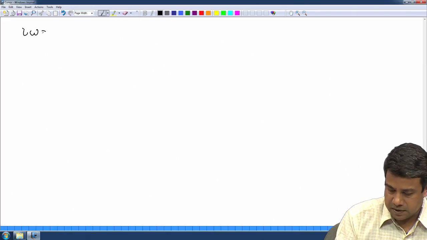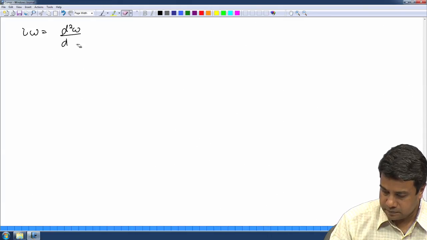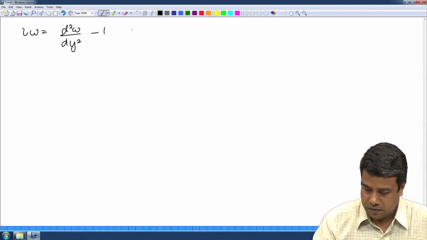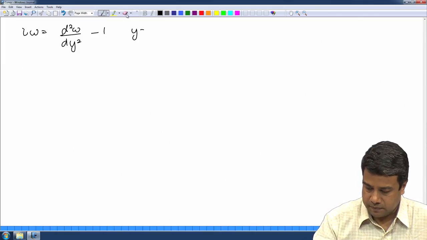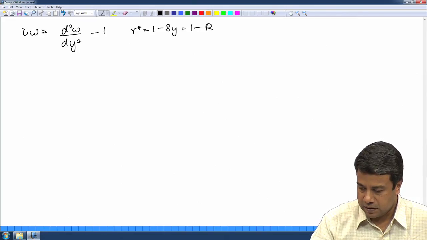I w is equal to d squared w by dy squared minus 1, where r star is equal to 1 minus delta y, which is 1 minus Re omega to the power minus half times y.